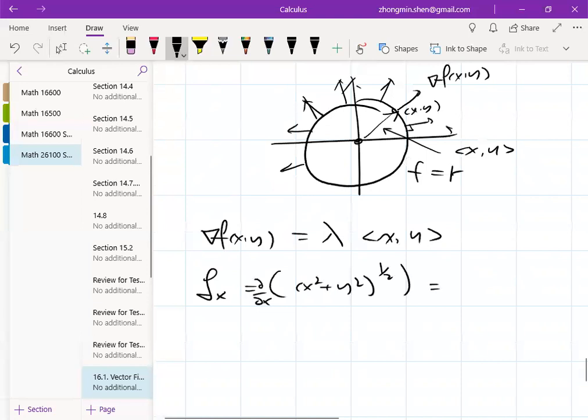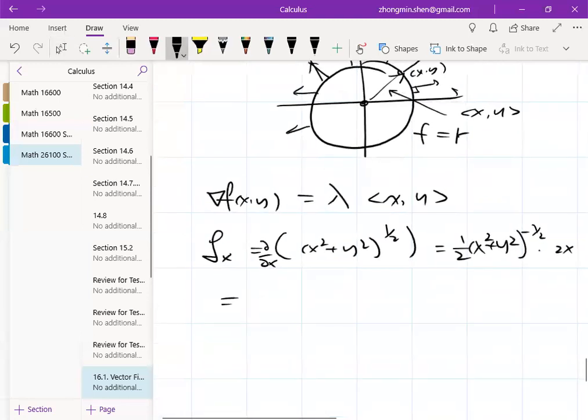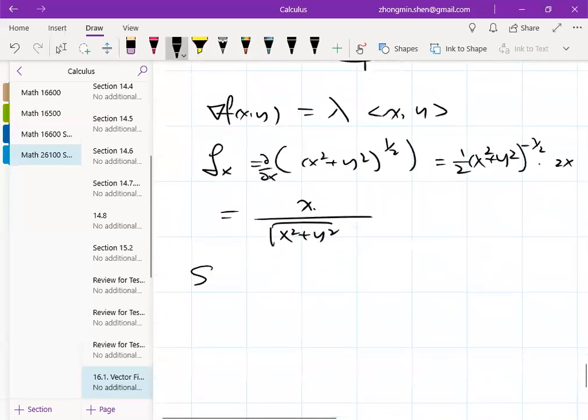So when you differentiate, you get 1/2 times x squared plus y squared to the negative 1/2 and a 2x. After simplifying, you get this. And similarly, f sub y is going to be y over this.